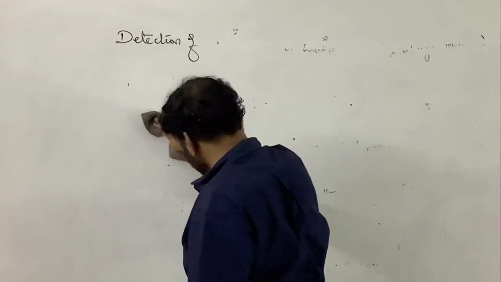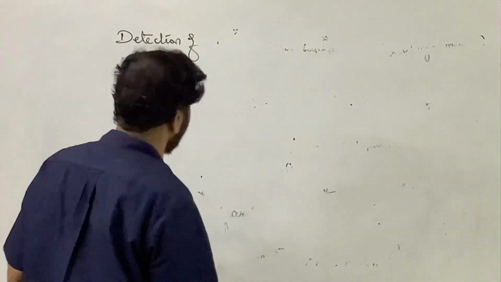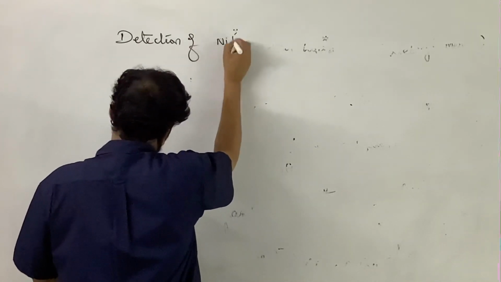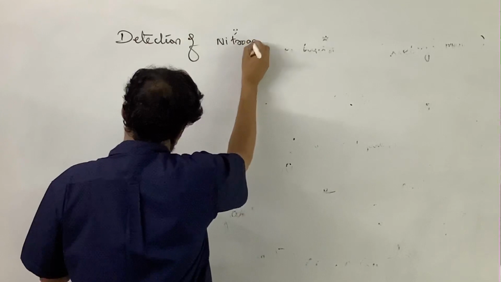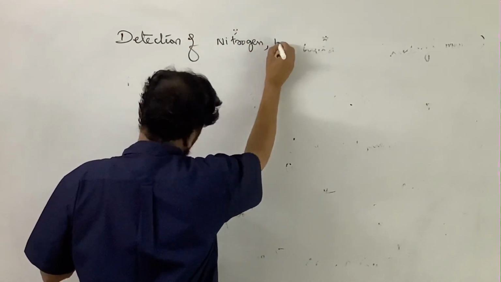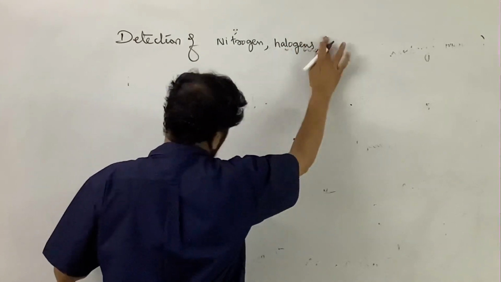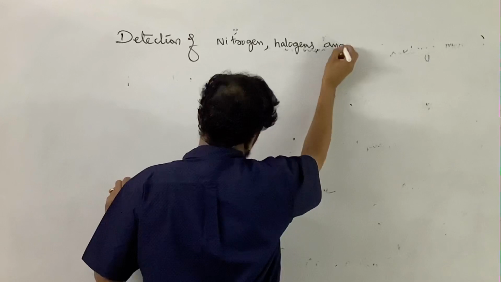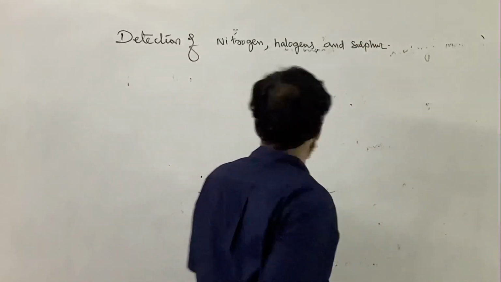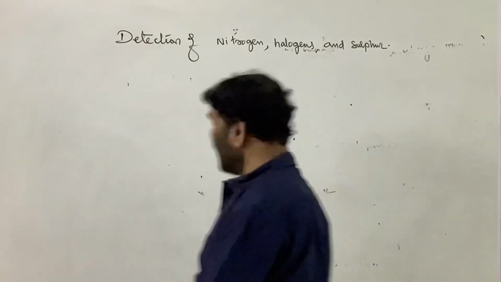The other elements are considered heteroatoms: detection of nitrogen, halogens and sulfur.